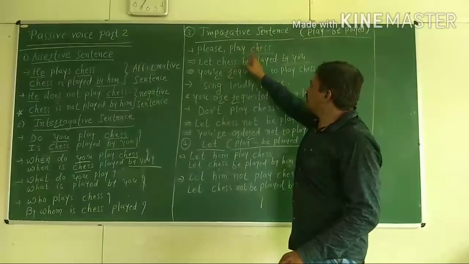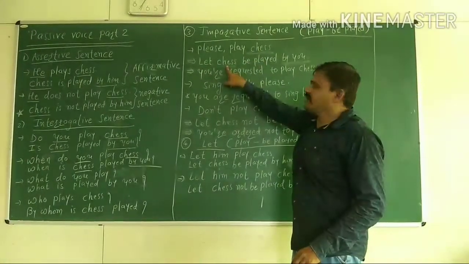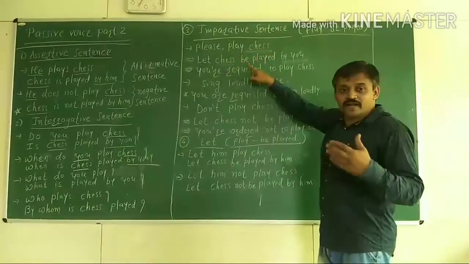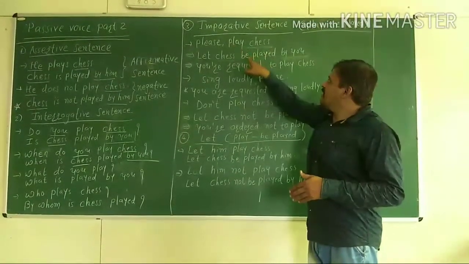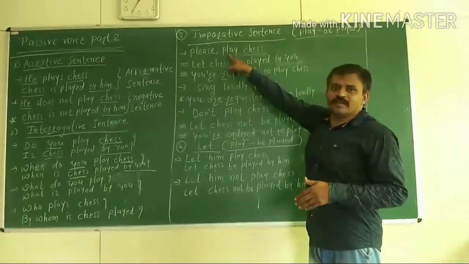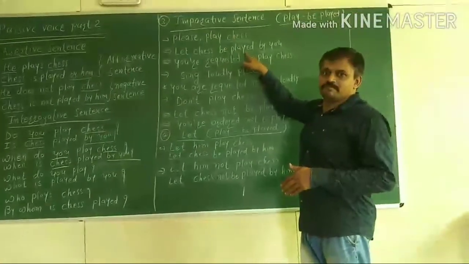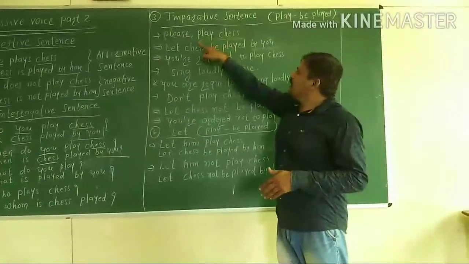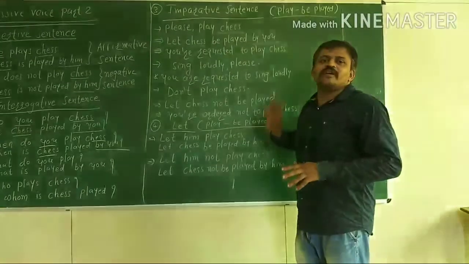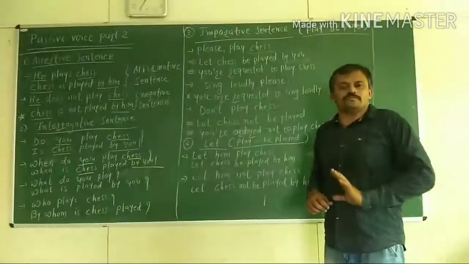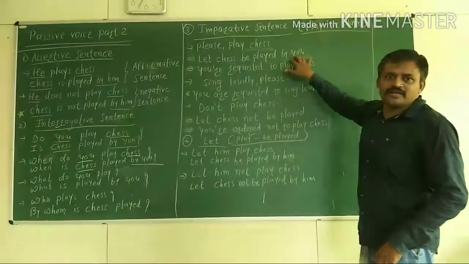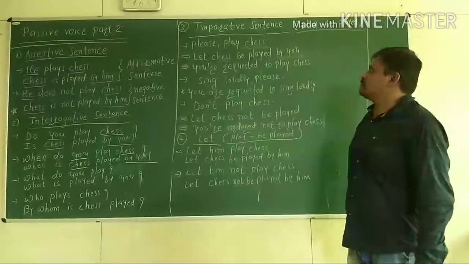Then comes the object, so we will write here chess. Then we have to write the word be played, which is the passive voice of play. And then by you, that we have to put. So we have to write by you everywhere in this type of sentence.